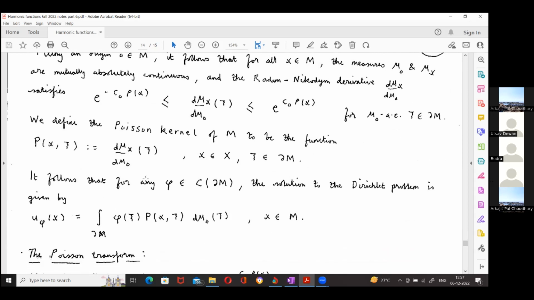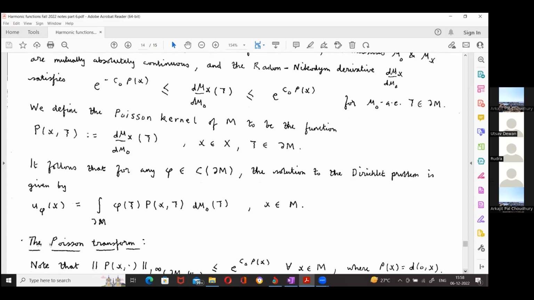So once you have this, then you get the general Poisson formula for any continuous function on the boundary. The solution to the Dirichlet problem is given by the Poisson integral. U phi of x is the integral over the boundary M of phi of xi, P(x, xi), d mu naught of xi. Okay. Is this clear? Yeah.